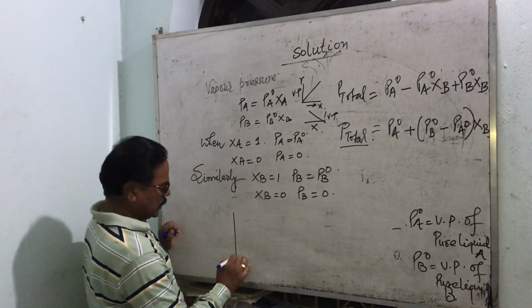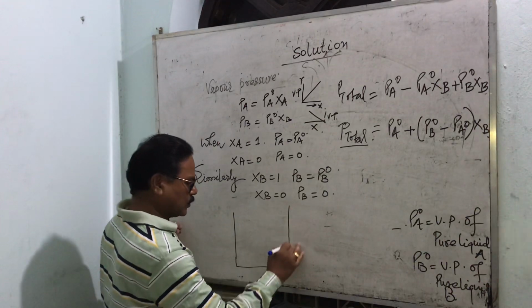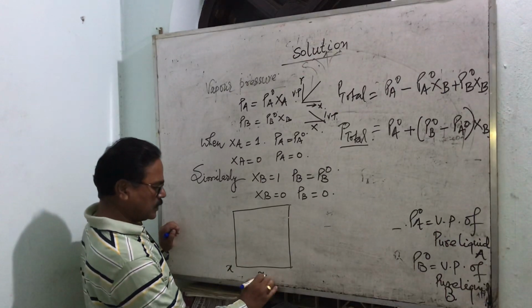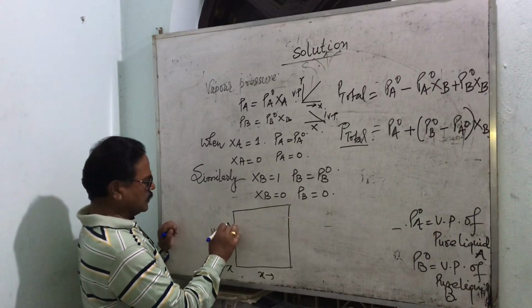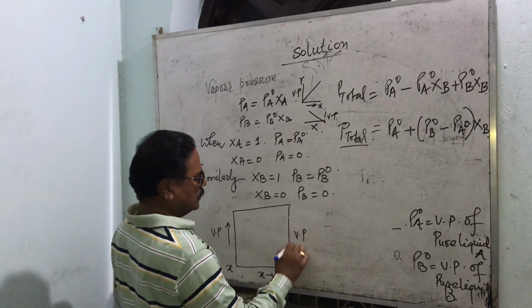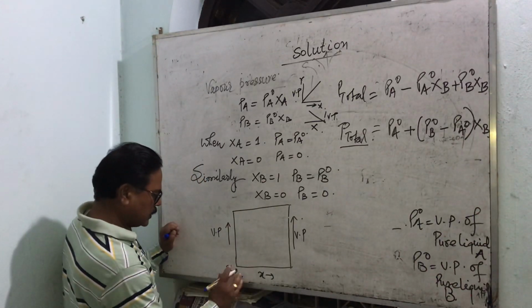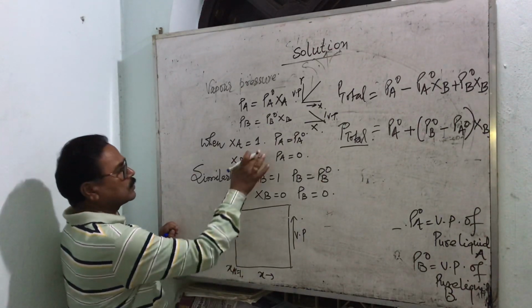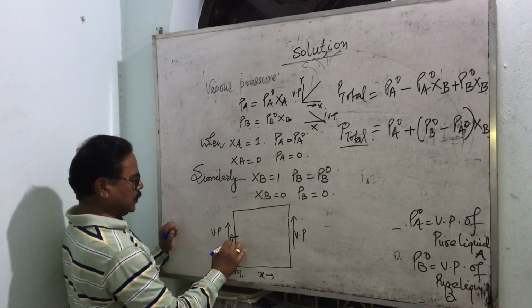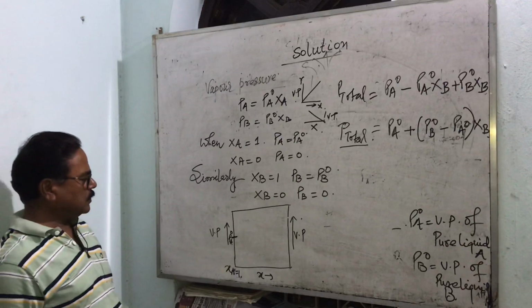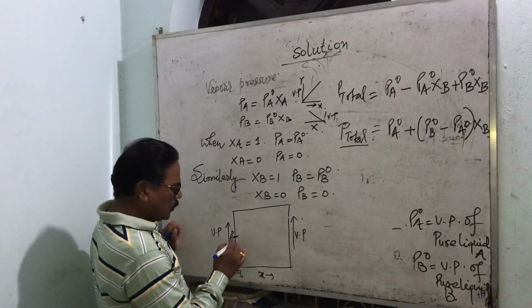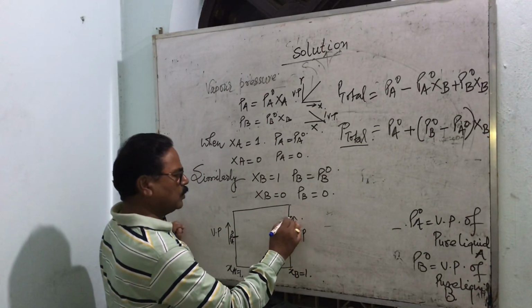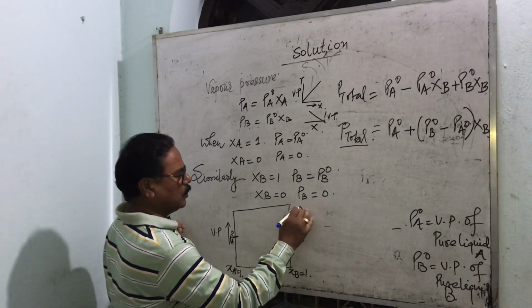So this is the vapor pressure axis, this is also the vapor pressure axis, and these two graphs are combined together. This one is the mole fraction axis. Now, when XA is equal to 1, then PA is equal to PA naught, the vapor pressure only due to component A. And when we consider XB equal to 1, then PB comes to be PB naught.